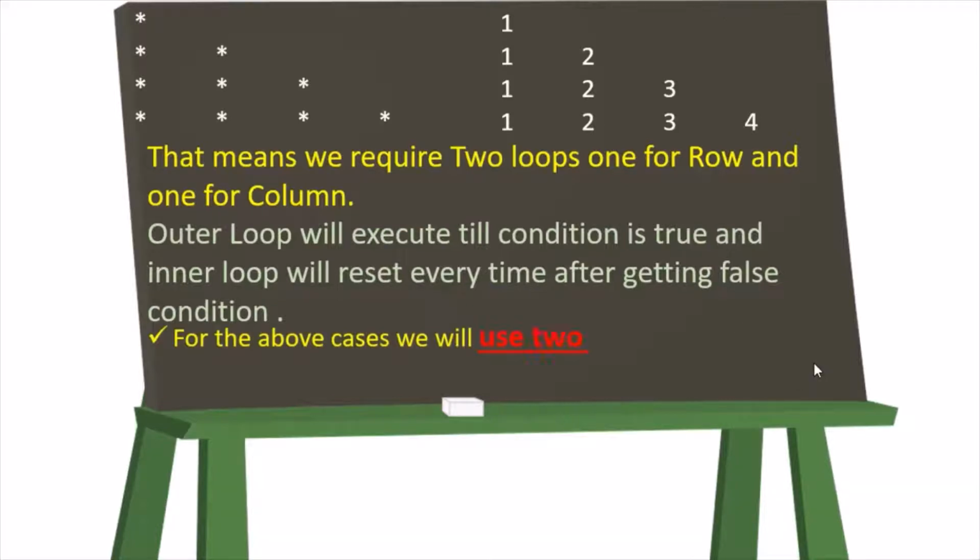We require 2 loops. When we did looping in our previous lecture, we used a variable i for incrementing or decrementing the value. Now there are 2 loops, so for a nested loop we have to use 2 variables, that is i and j.